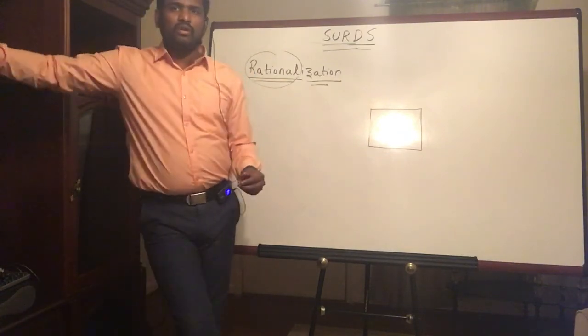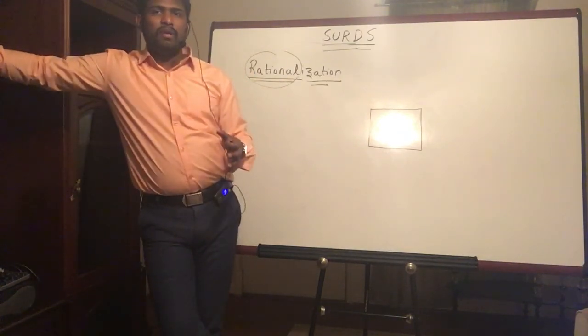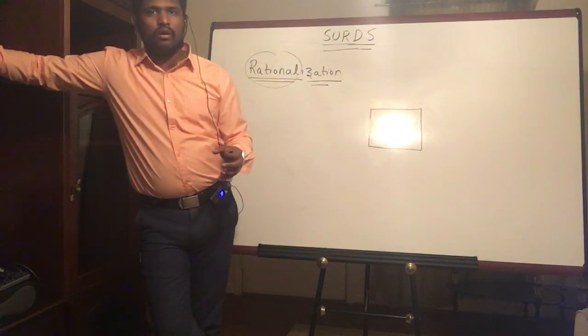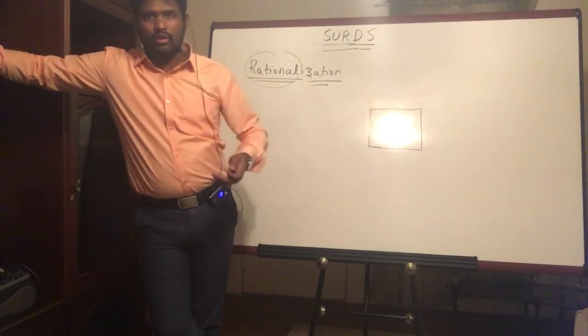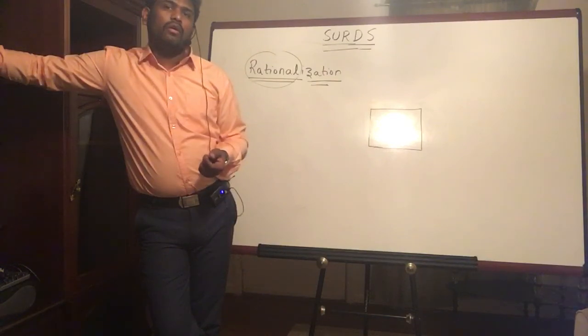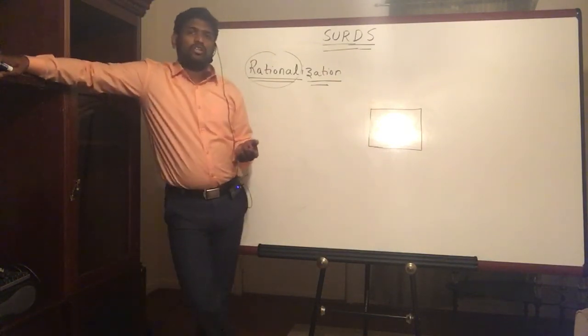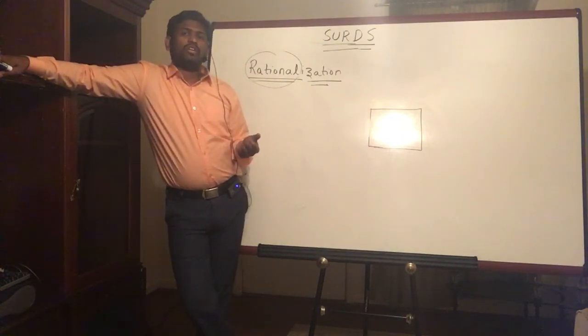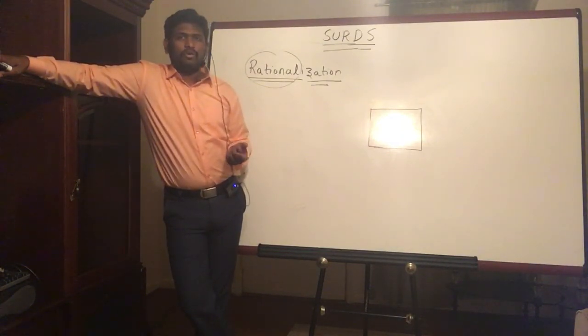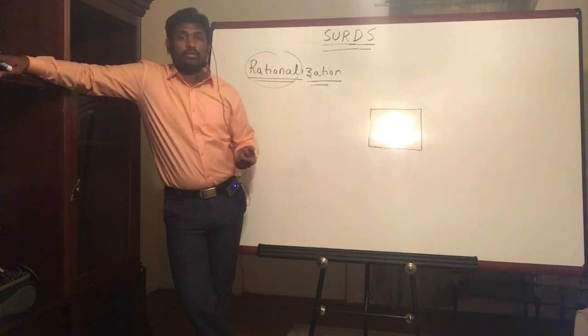Rationalization, that means he will be giving you an irrational number, that is a surd. We need to convert it into a rational number. How to convert into a rational number? That is what we are going to learn.